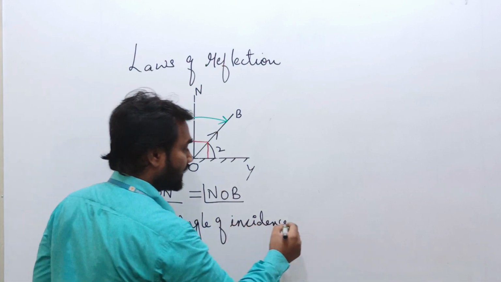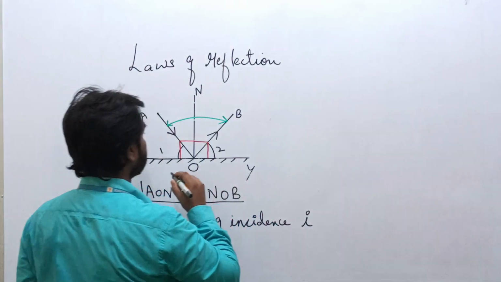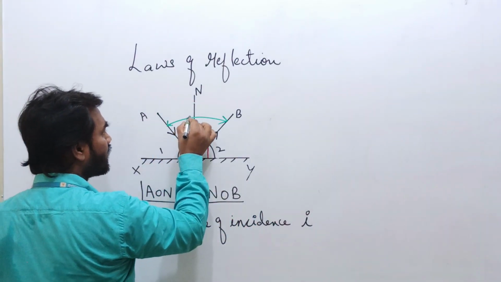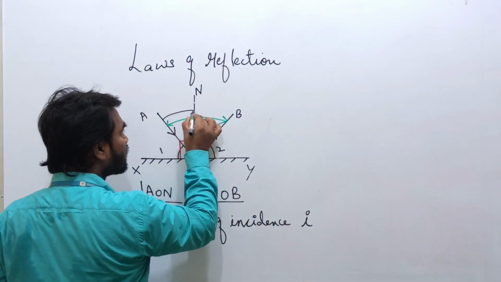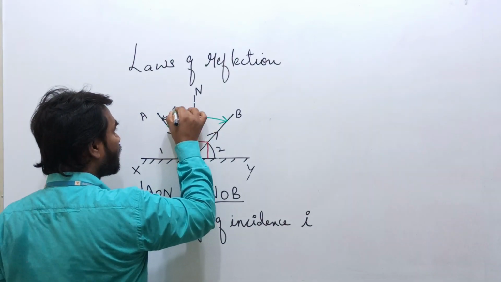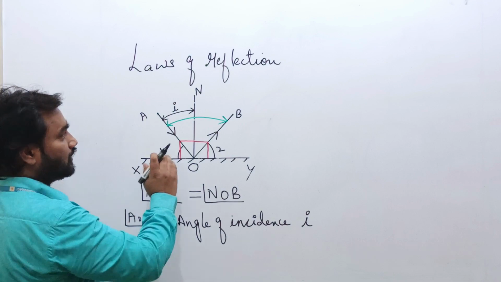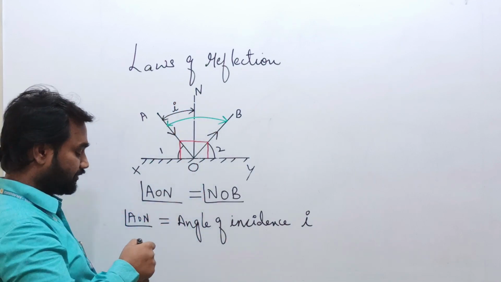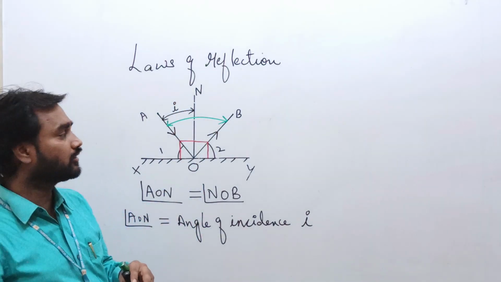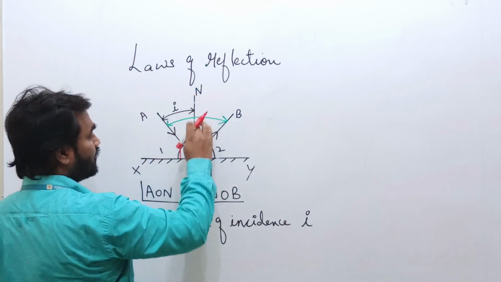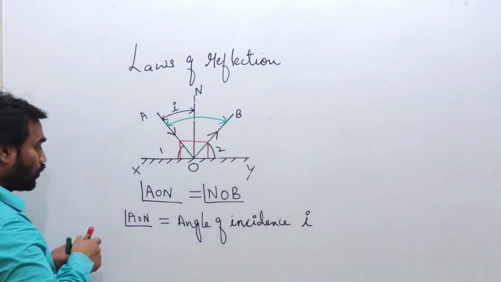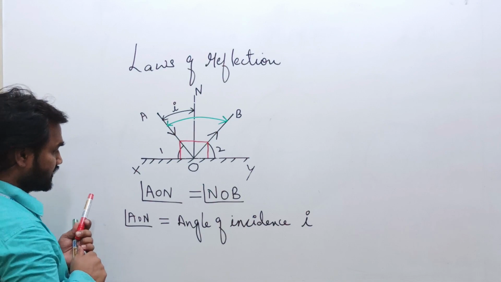This is denoted by i. Similarly, this one is the angle of reflection, that is NOB. NOB is the angle of reflection.